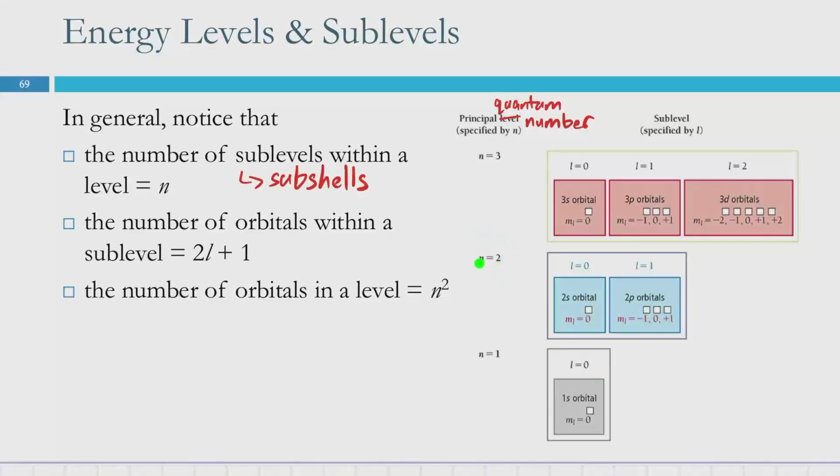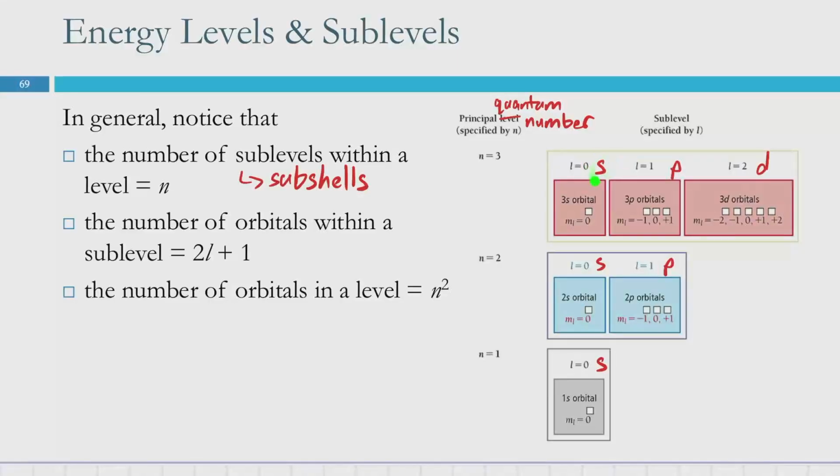When we go up to 2, our values are 0 and 1, so we've got two possible letter options, S and P. When we go up to n equals 3, our third shell, we've got S, P, and D, represented by the numbers 0, 1, and 2.